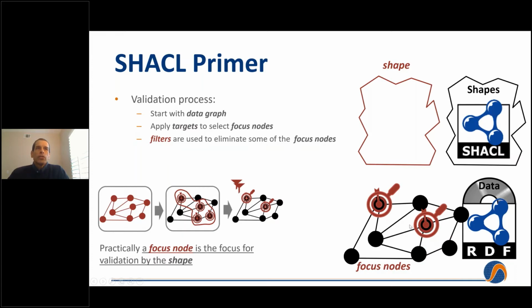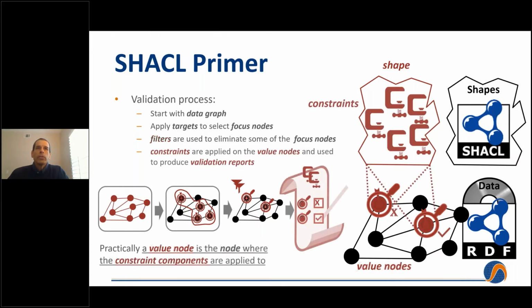Filters are used to eliminate some of the focus nodes. We can use filters, and we didn't discuss filters in this presentation because this is part of the advanced SHACL SPARQL. And we apply the constraint components to the value nodes and use them to produce a validation report.